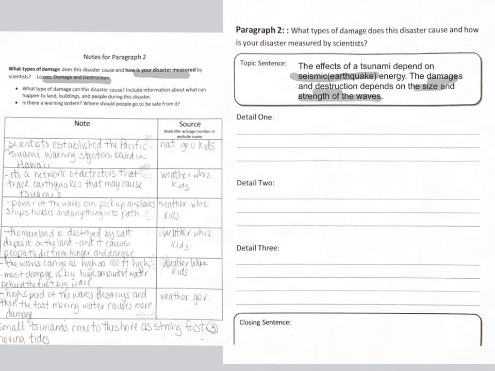So the first thing I'm going to talk about is the seismic energy. I'm going to talk about these two details first. These are going to be detail 1 and 2 because it talks about the scientists and how they detect those seismic energy waves. And then I'm going to think sensibly, and if I'm going to talk about the damage based on the size of the waves, I'm going to start with the smallest one first. So therefore, I'm going to talk about the small waves first.